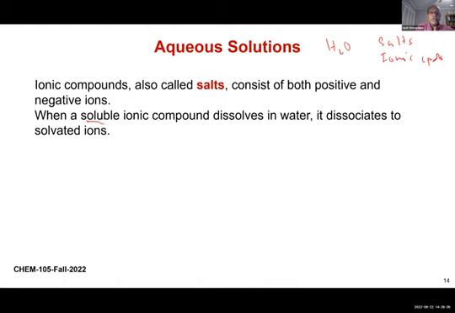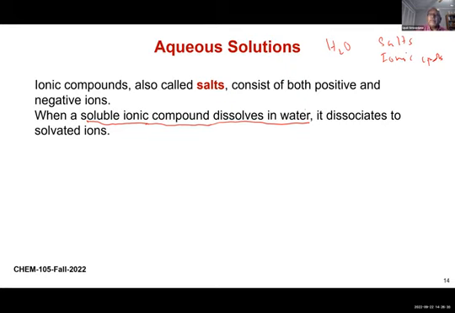Some salts, some ionic compounds, are soluble in water. What do you mean by soluble in water? When you put them in water, they go clearly into the solution. Sometimes they become colored depending on the ions, cations mainly.